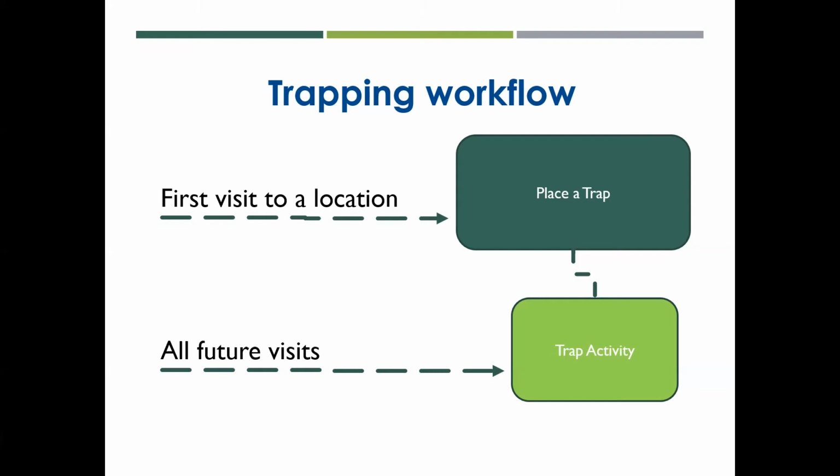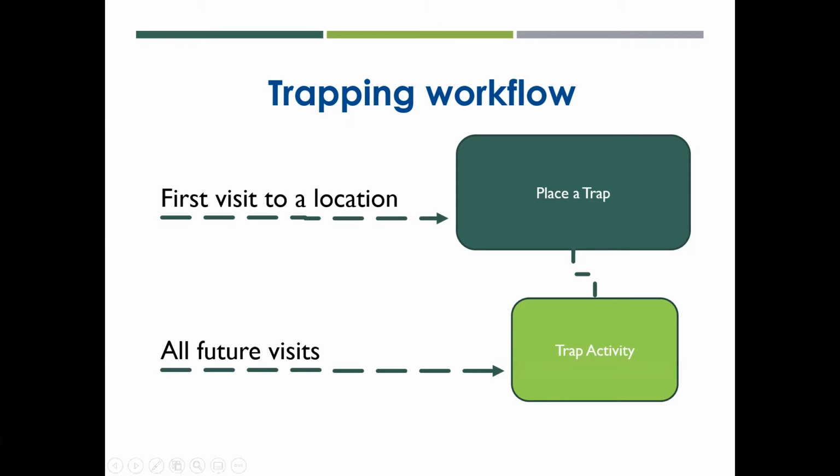Or, I mean, if you want credit for a visit. So be sure that when you visit a trap and you perform an activity, that trap activity is being recorded. So this is the main data flow for a trapping workflow using the Field Maps application. I'll show you what I mean in just a minute.